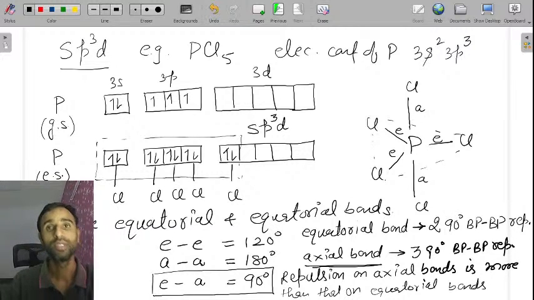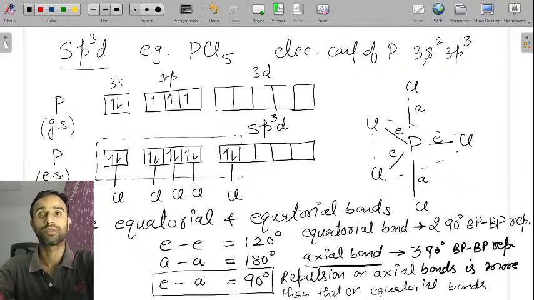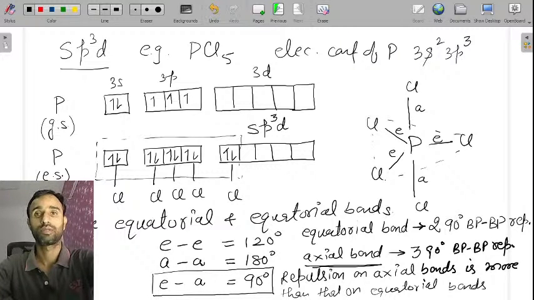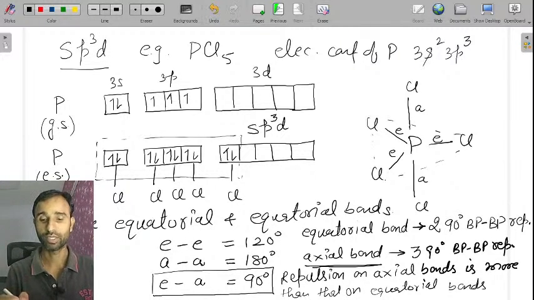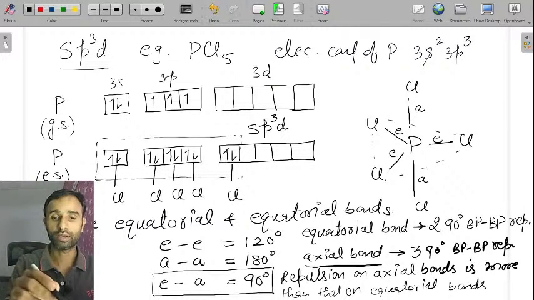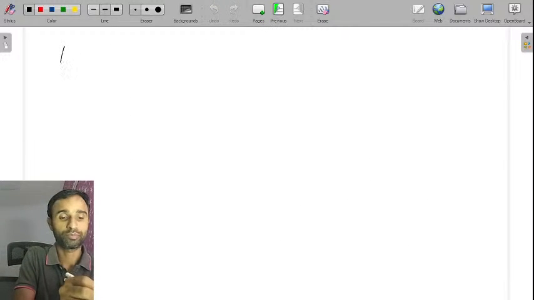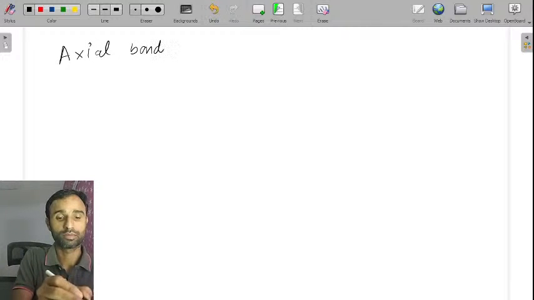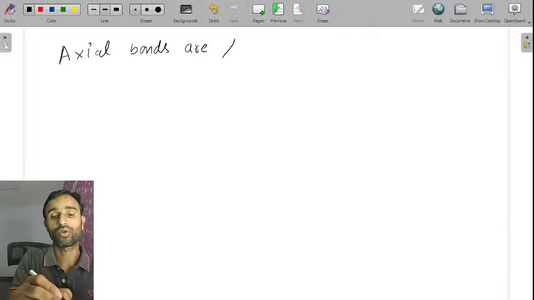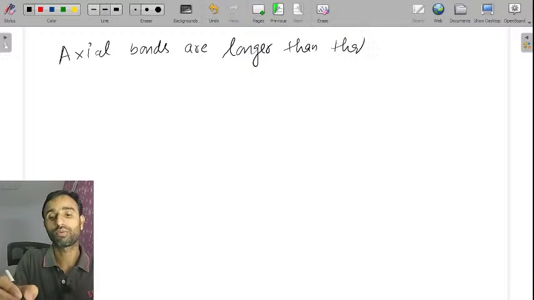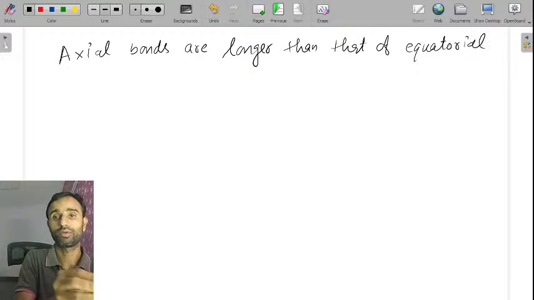So keep in mind, in this case, we can say that axial bonds are longer than equatorial bonds.